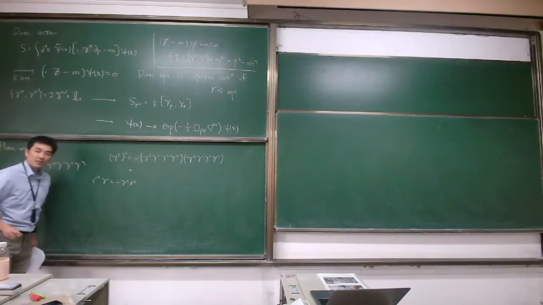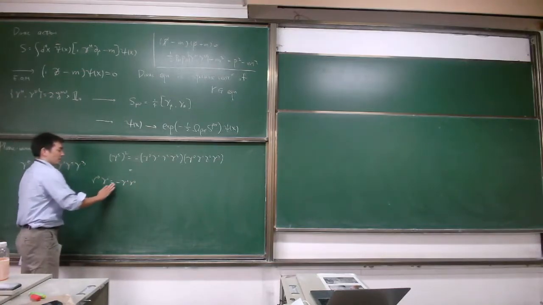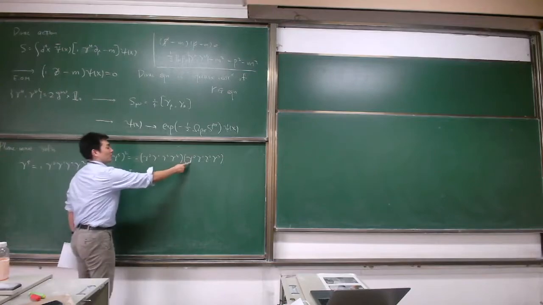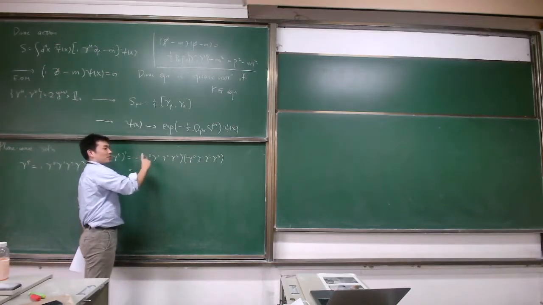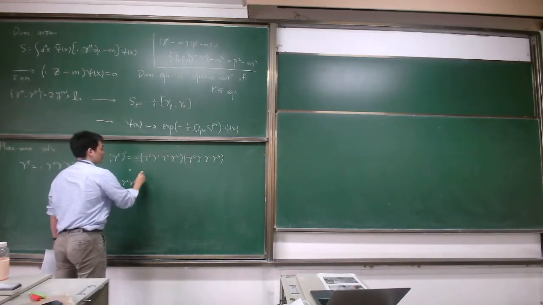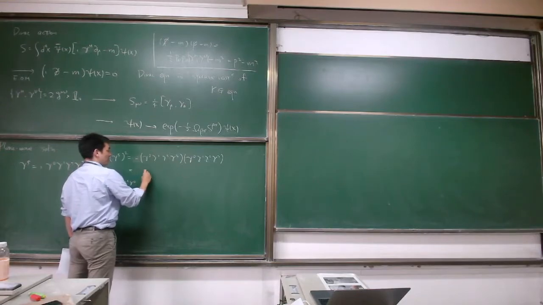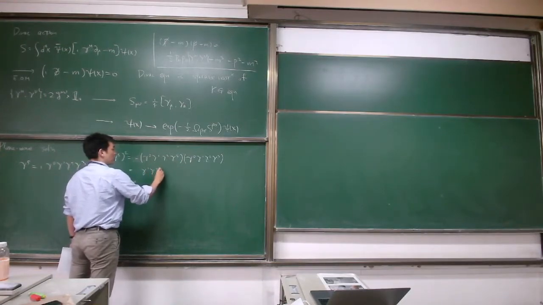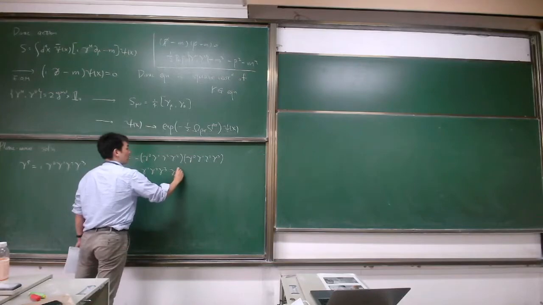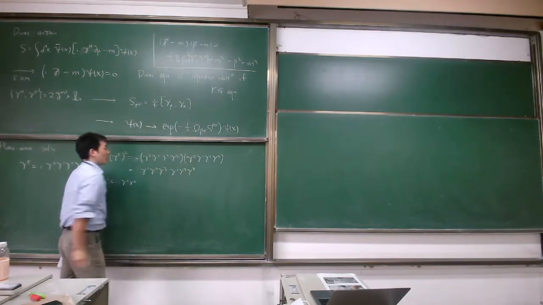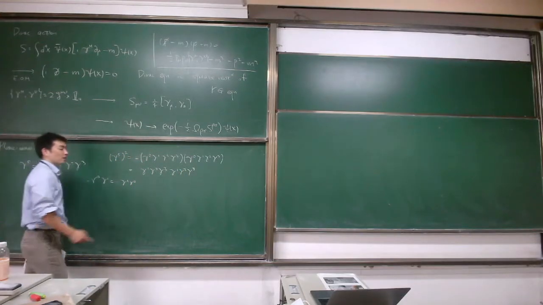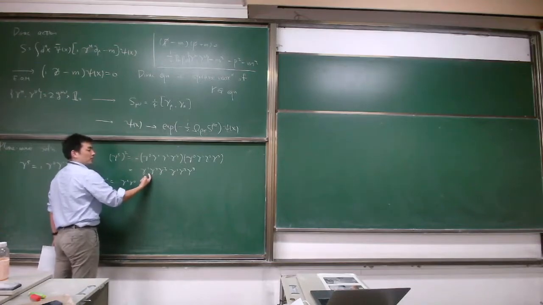So if you bring this one to here and multiply, gamma 0 squared gives 1, and you get three minus signs. Therefore you get gamma 1 gamma 2 gamma 3 gamma 1 gamma 2 gamma 3, and do the same game.